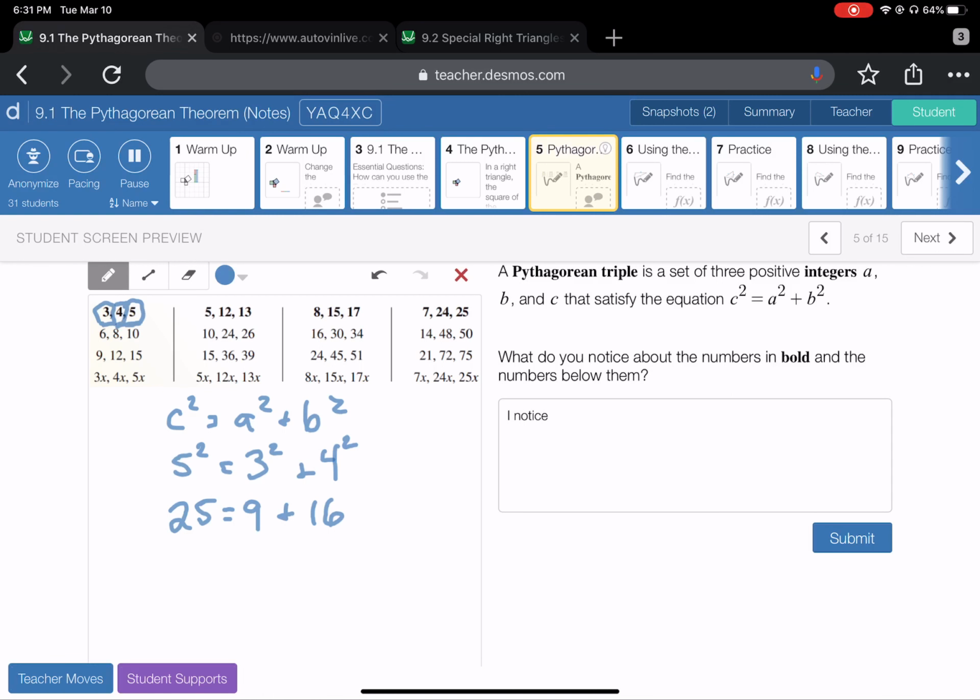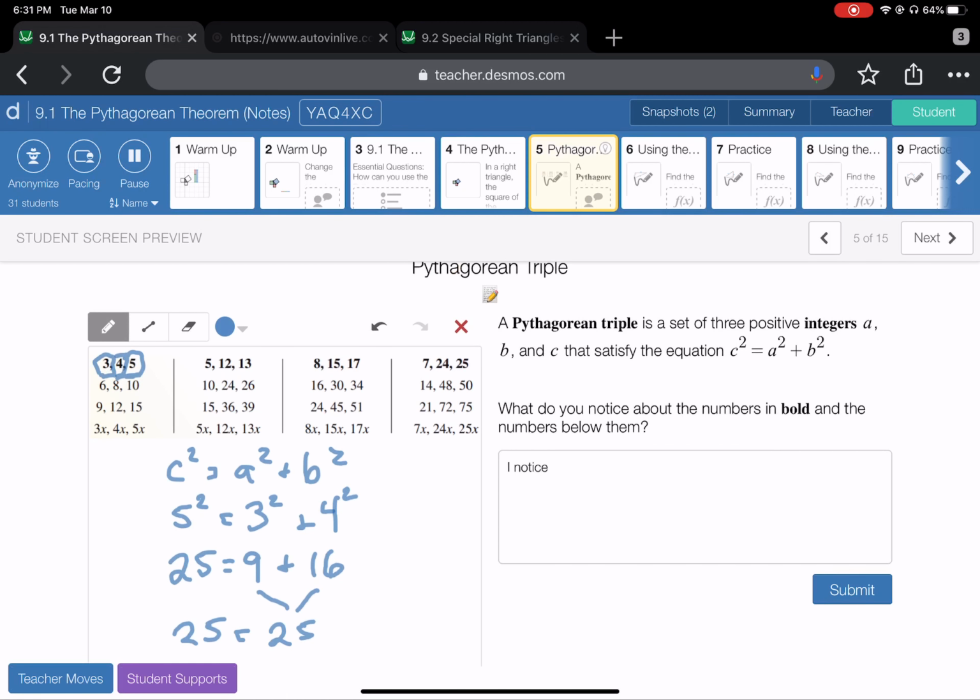We add these two together and we get 25 is equal to 25. So that's a Pythagorean triple because this equation became true, 25 is equal to 25, and all three numbers are positive integers, and that will work for all of these.